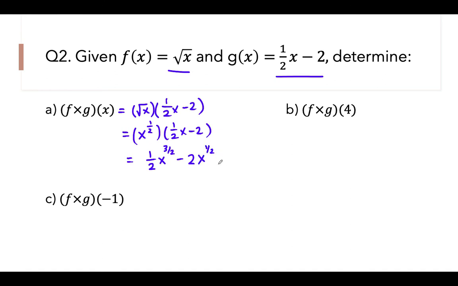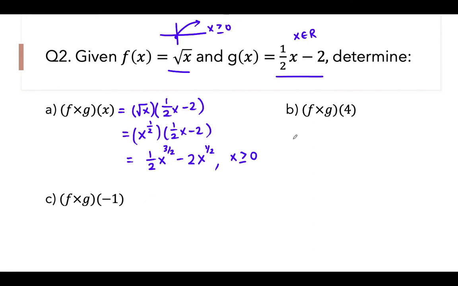But keep in mind, we do have to say x has to be greater than or equal to 0. Why? Because the domain for my function f is where x is greater than or equal to 0, while for function g, it's linear. So you have to figure out where they overlap.